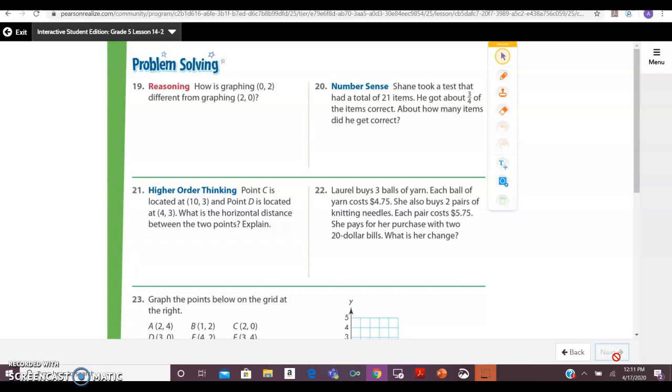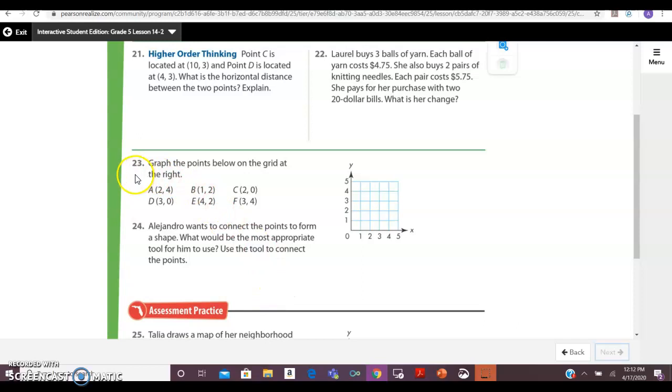Number 22. Laurel buys 3 balls of yarn. Each ball of yarn costs $4.75. She also buys 2 pairs of knitting needles. Each pair costs $5.75. She pays for her purchase with 2 $20 bills. What is her change? Number 23. Graph the points below on the grid at the right. Alondra wants to connect the points to form a shape.